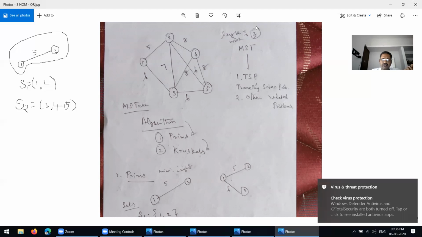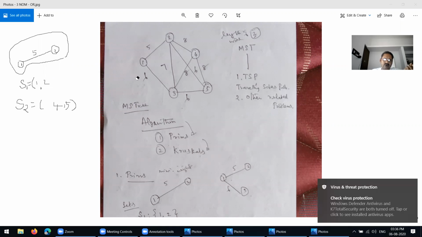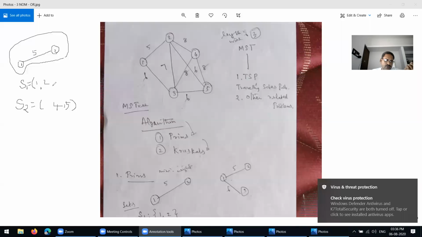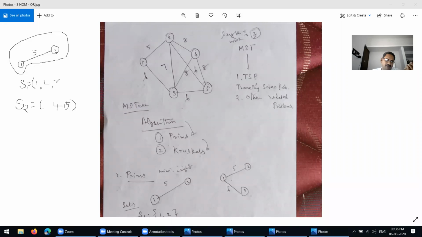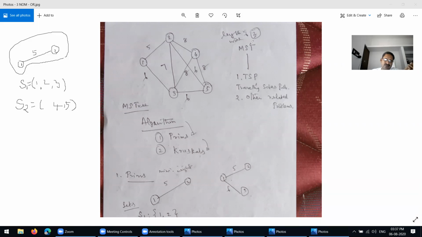We make set 1 include 3 also, since 3 had the minimum value, and in set 2, 3 is removed. Next the same process continues again.